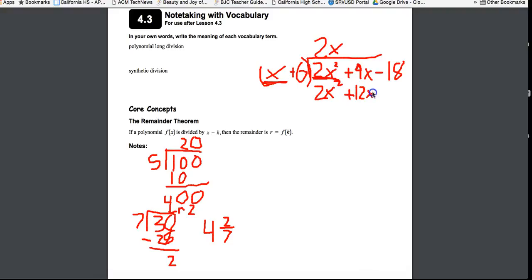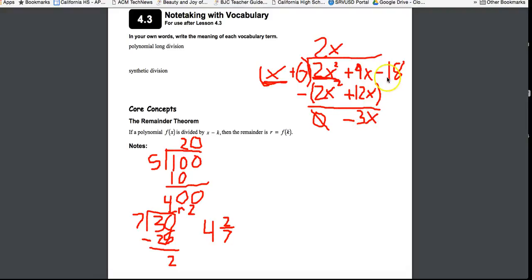Now, just like in our earlier example, we need to subtract. So we take this entire term and subtract it from our dividend. 2x squared minus 2x squared gives us 0, and 9x minus 12x gives us negative 3x. Okay?